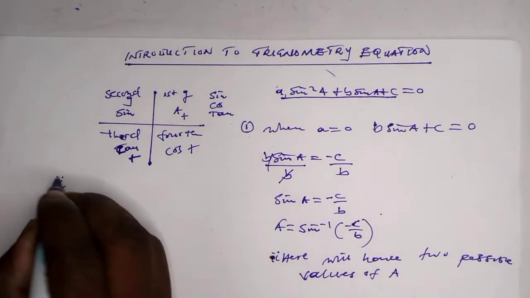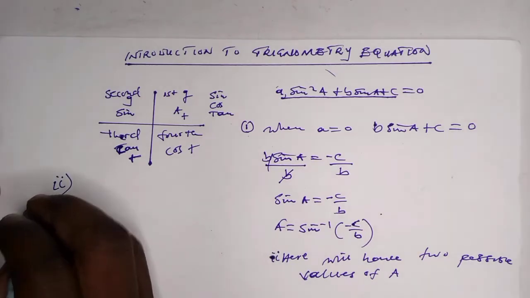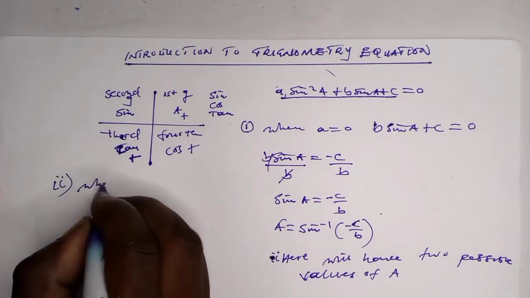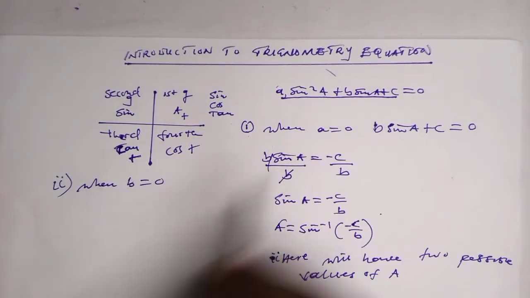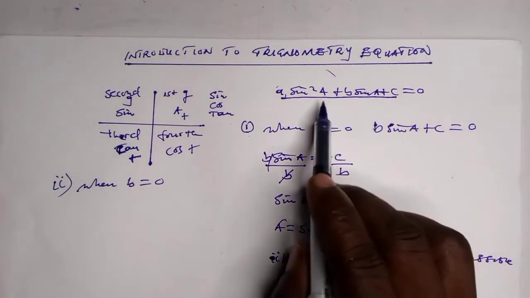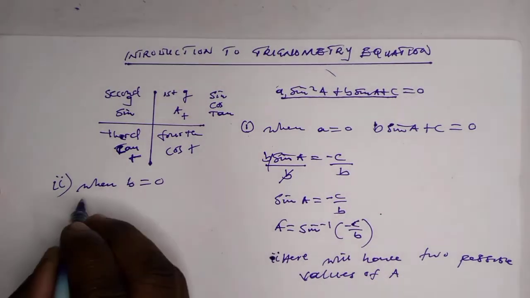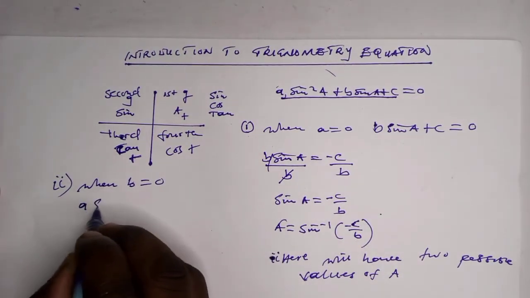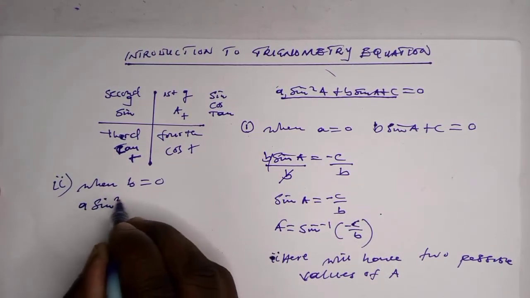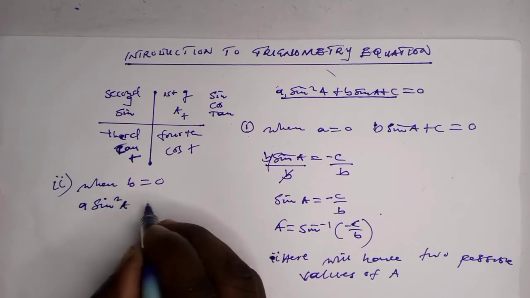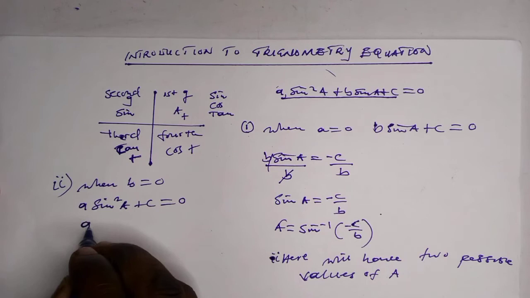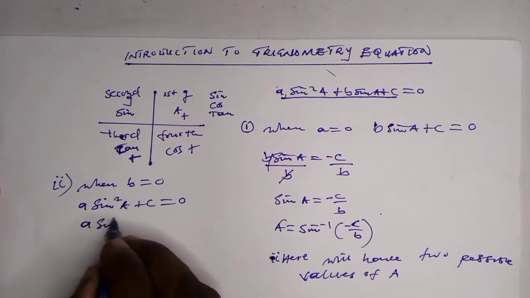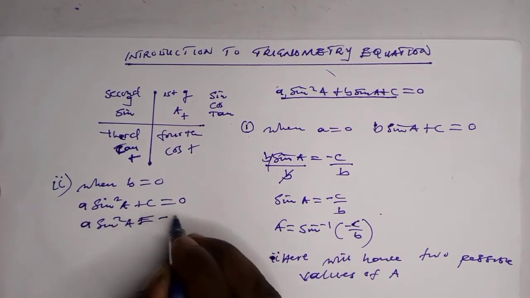For Roman numeral 2, when b is equal to 0, we substitute where there is b. So we are going to have a sine squared A plus c equals 0. Then a sine squared A equals minus c.